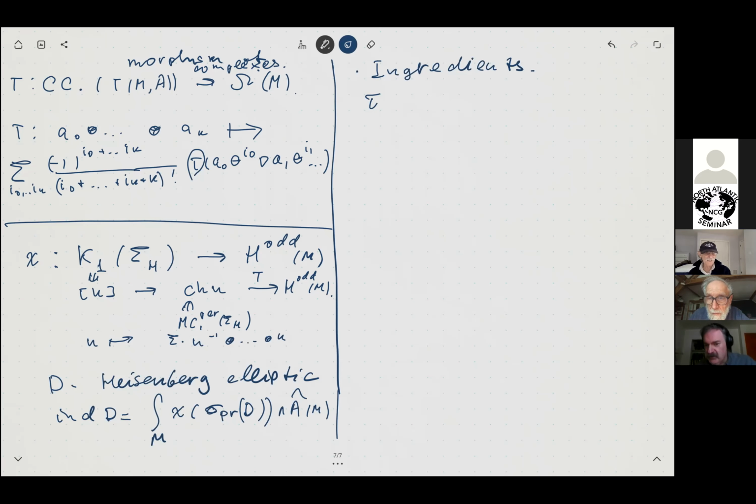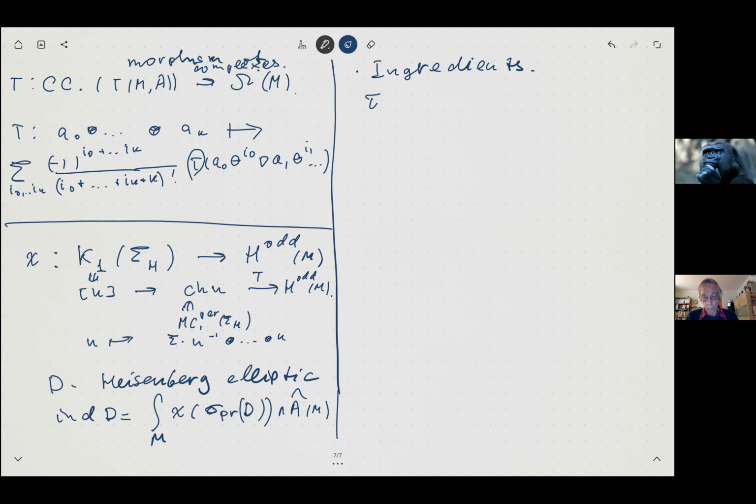So this is where we need to have them to write the result. Okay, tau. First of all, tau is a fiber-wise trace.